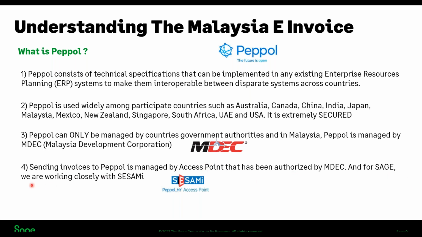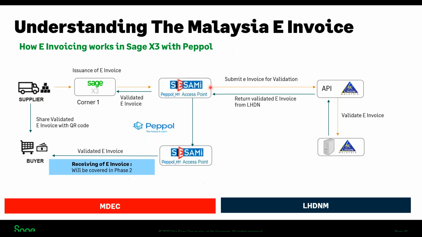And for Sage, we are working closely with Sesame. You will see how those three, and including LHDN, connect to each other in the next slide. I will explain to you, don't worry. So, how e-invoicing works in Sage X3 with the help from the PEPPOL network.